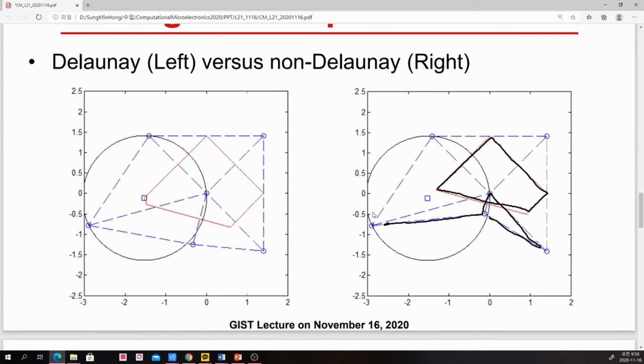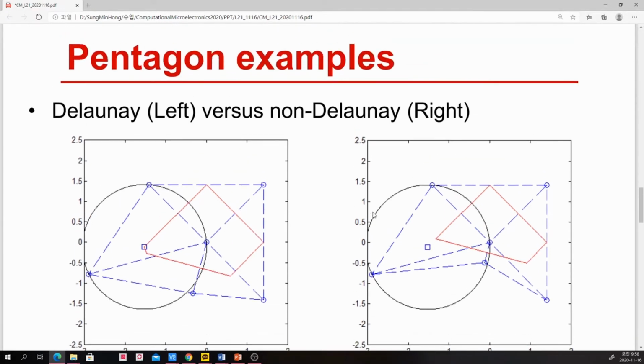So there are some difficulties in this non-Delaunay mesh.